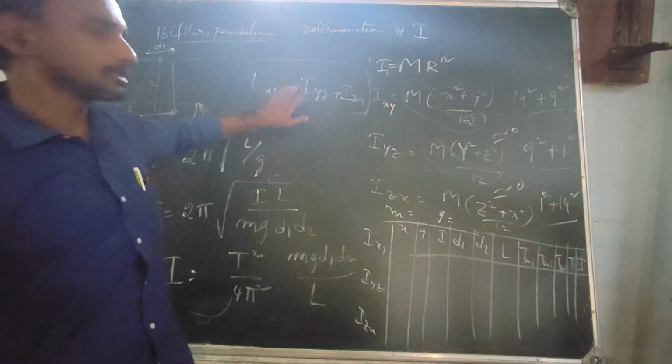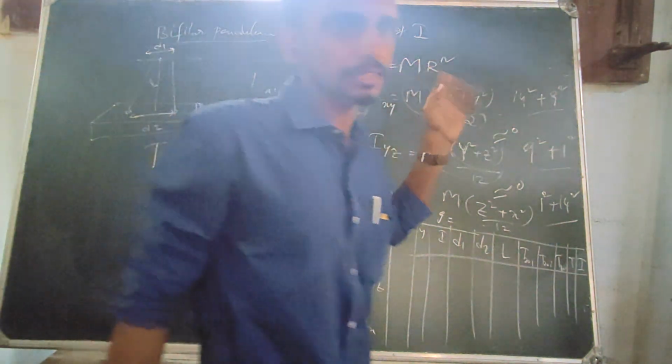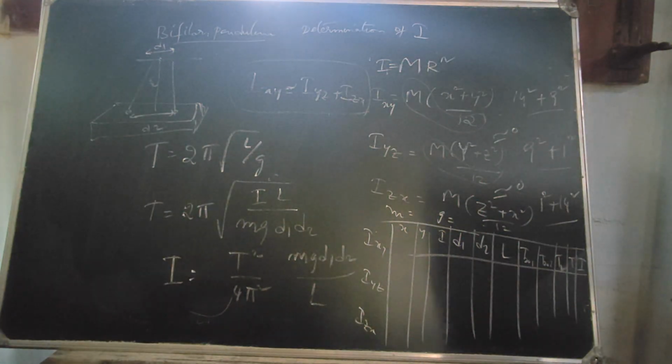Okay, and you have to verify this: Ixy is equal to Iyz plus Izx. That's the table form.